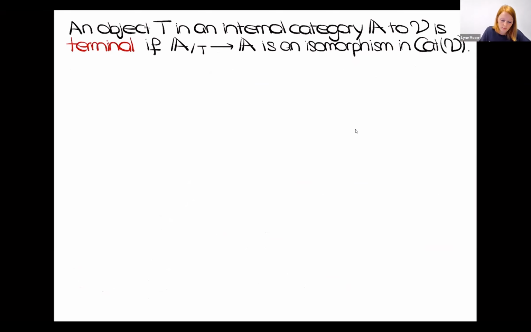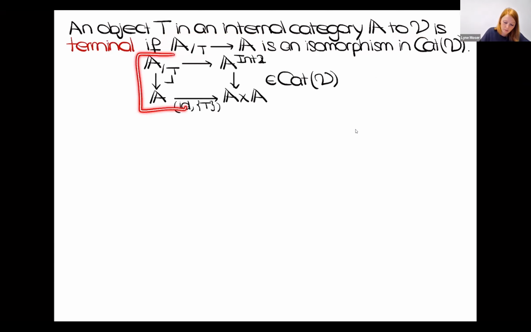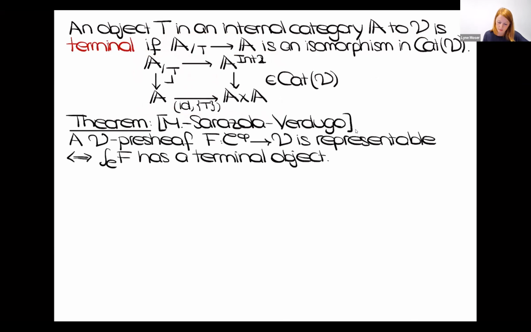And so I will say that an object T in an internal category to V is terminal if this morphism from the slice is an isomorphism in Cat V, where the slice is again defined as a pullback of a certain source and target map along this thing. And then what you can show is that a V presheaf is representable if and only if its Grothendieck construction has a terminal object in the sense defined above.